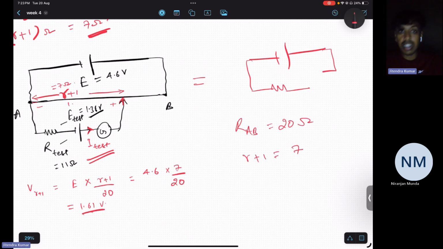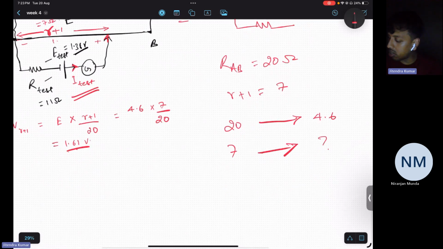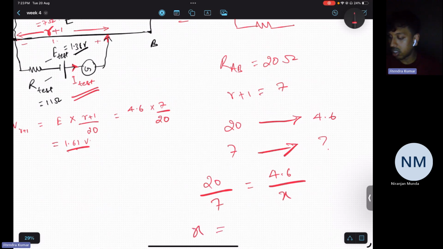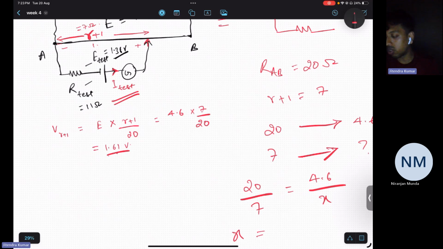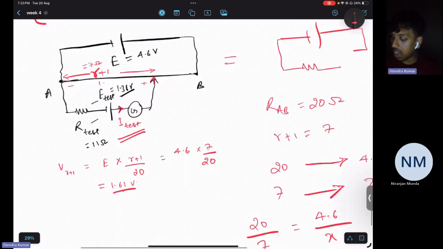So just like we are taking a ratio, 20 corresponds to 4.6, so what will 7 lead to? If you take 20 by 7 is equal to 4.6 by x, this is how we calculate x, which is 1.61 volt. Now we have calculated this voltage V across R plus 1.